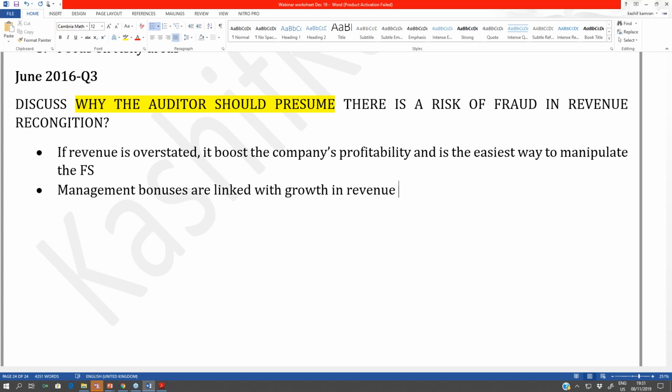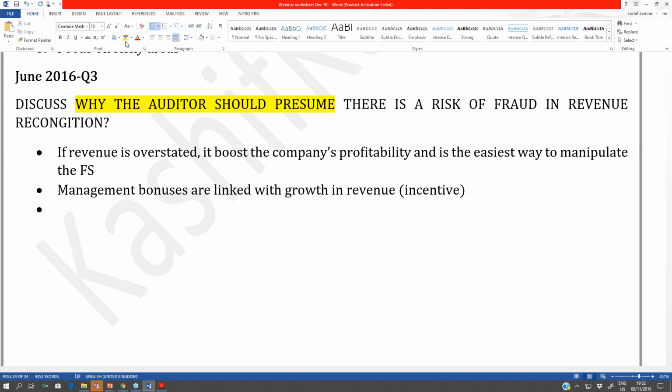This is a critical success factor. One of the criteria to give you a better bonus is how much has been the growth in revenue. Every company is worried about the growth in revenue. Every company is concerned about the market share. Every company is concerned about how much has been the growth in revenue over the competitor. So do you believe this is an incentive? Because management bonuses are linked with growth in revenue. So that incentive basically creates the risk of fraud in revenue recognition.